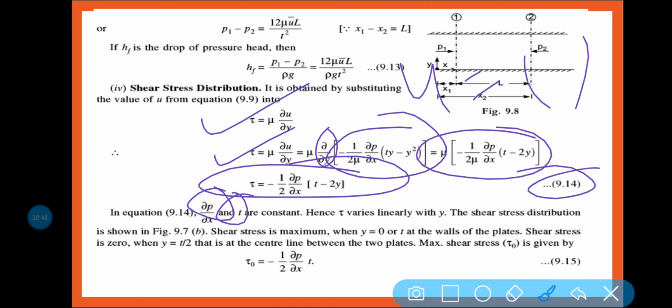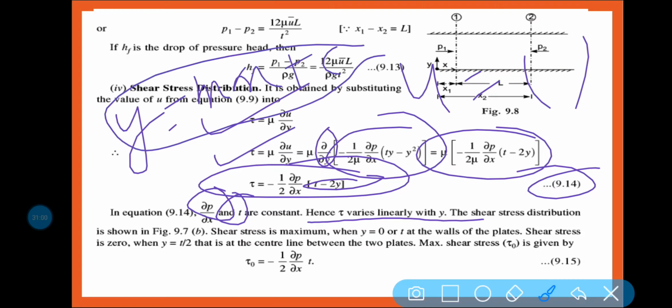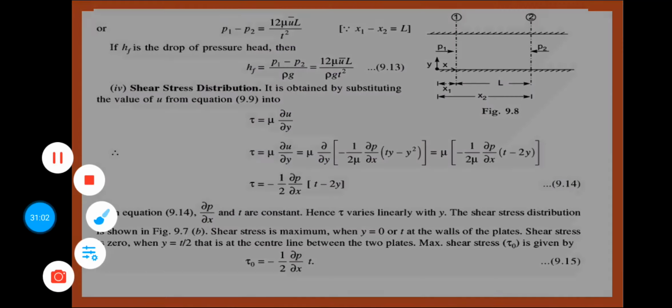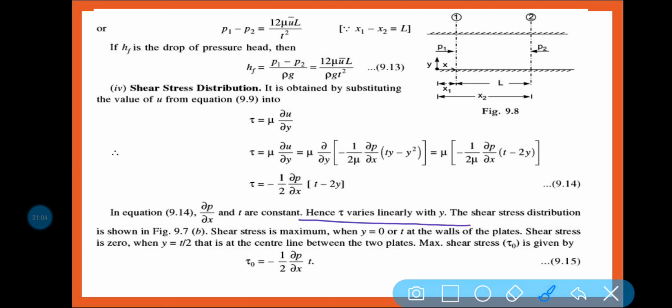Hence tau varies linearly with y. Am I right? Because y is equal to mx plus c. This equation is following mx plus c. So tau is varying linearly with y.